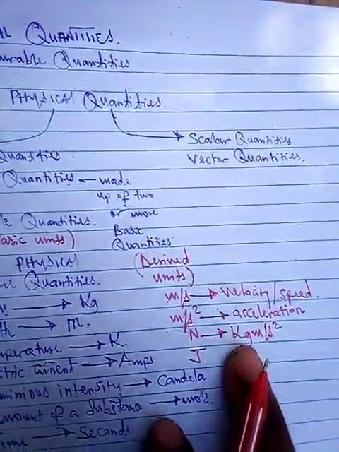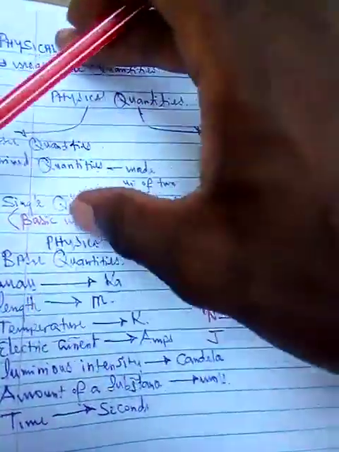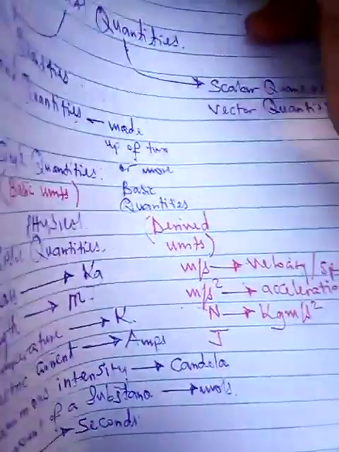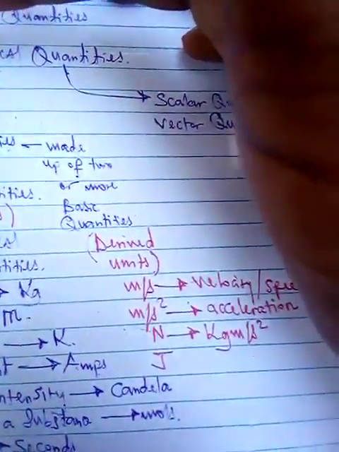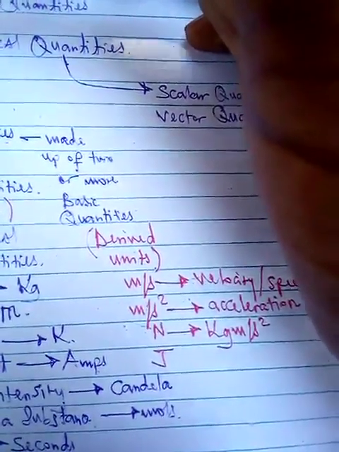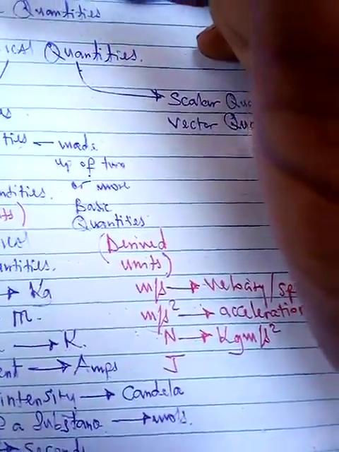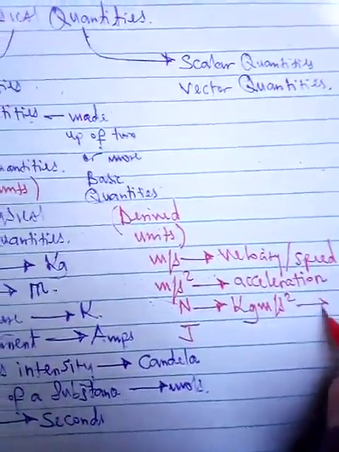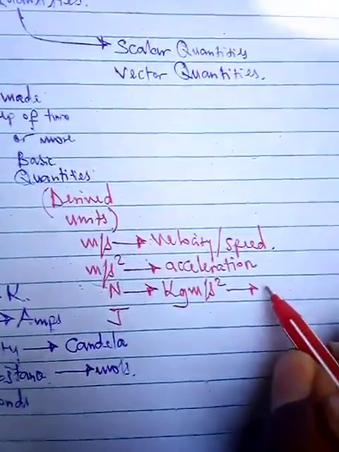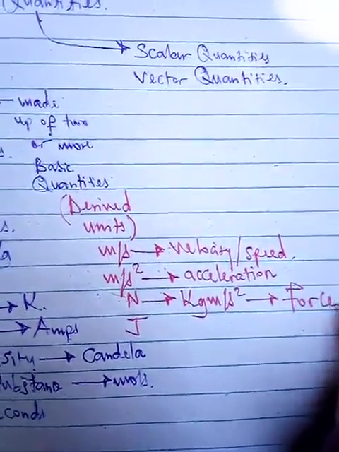Now, just to show appreciation to the person who did much of the work concerning forces, the kg meter per second squared was substituted with the N symbol for Sir Isaac Newton. So again, the Newton here is pointing out to this derived quantity known as force.